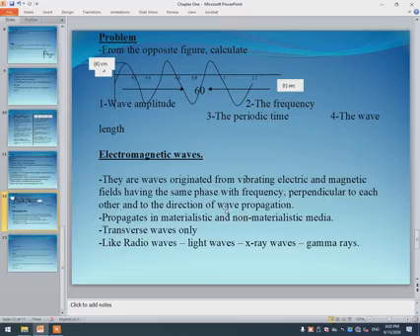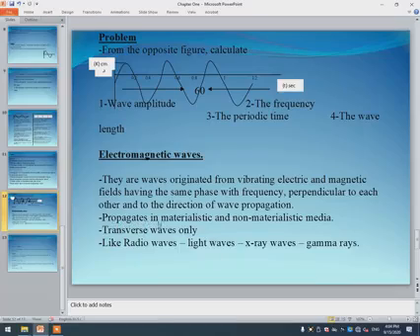And I want you to know that the speed of electromagnetic waves is constant, doesn't change, but they may differ in lambda and frequency. They may differ between each other in lambda, the wavelength, and nu, the frequency.